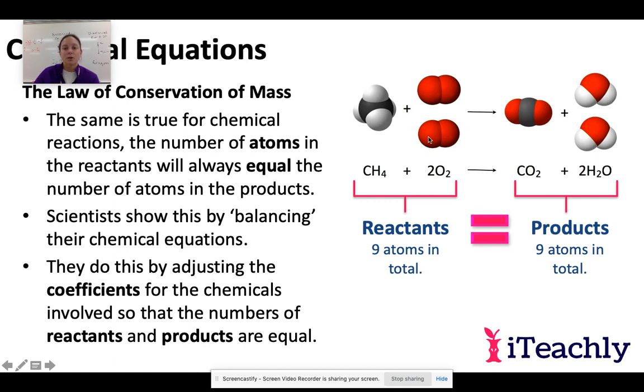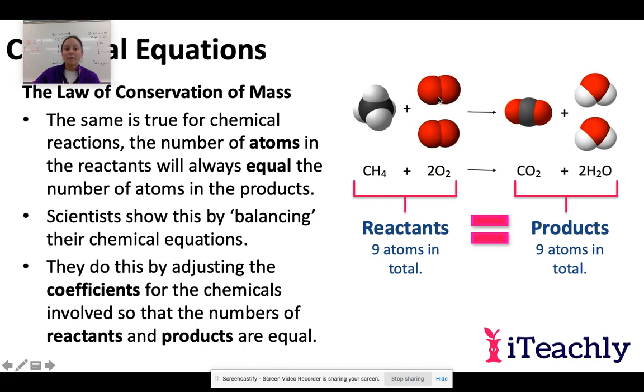Lastly, notice there are 1, 2, 3, 4 oxygens on the reactant side, and 1, 2, 3, 4 oxygens on the product side. So in order to have 1 methane plus 2 oxygen produce 1 carbon dioxide and 2 water molecules, that's the only way this will work.